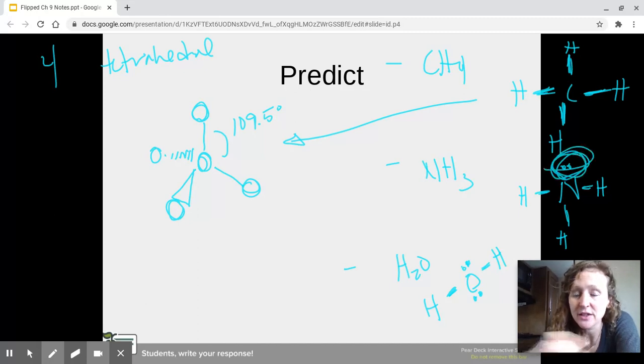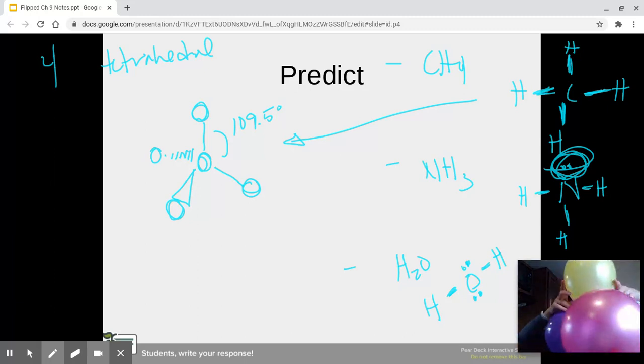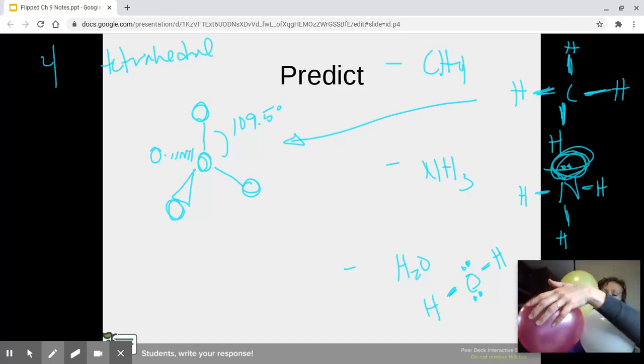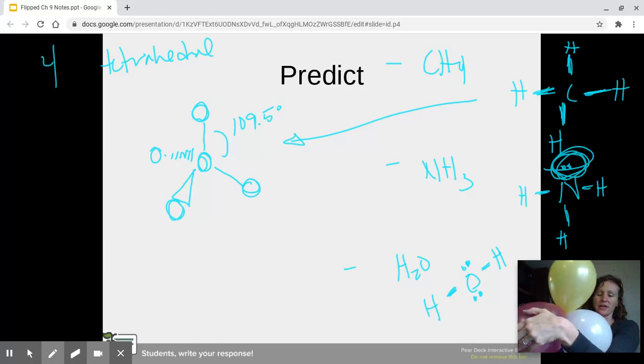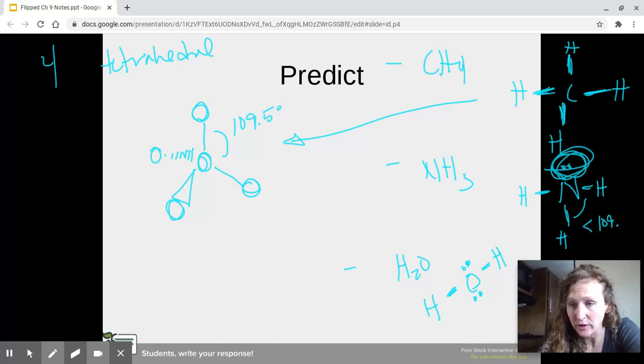Ammonia is going to have this lone pair at the top that's bigger than the rest of them. It takes up more space than the rest of them. So let's say this yellow was a lone pair. What it would do is it would actually force the other 3 down away from it a little farther. So these bonds in ammonia are actually going to be smaller than 109.5.